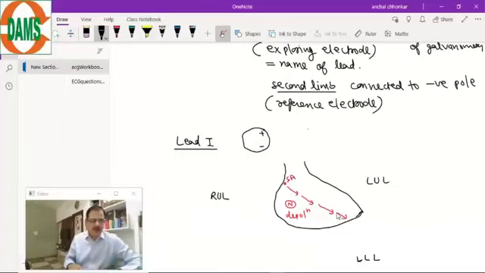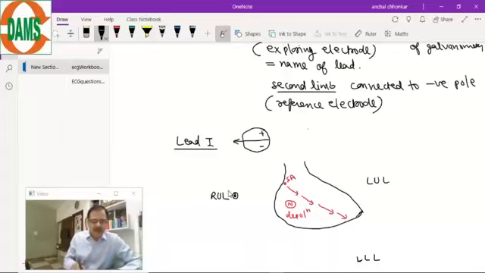So now what we'll do, we'll take the right upper limb like this. From the right upper limb we will take a wire, and this wire is connected into a lead 1 galvanometer. Hopefully you can remember from the previous class of basic 3.